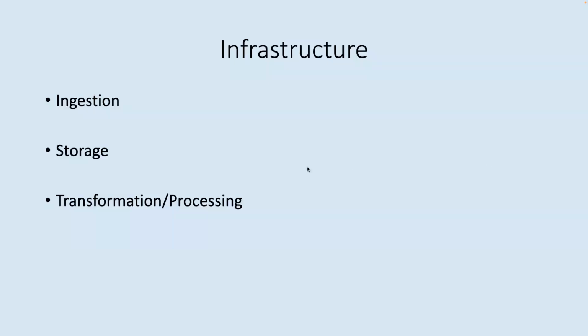So we went over an ETL system, and we talked about ingestion, storage and transformation. For ingestion, there's usually not a lot of change required. When you create your system, it's usually a one-time thing and you don't change it a lot.